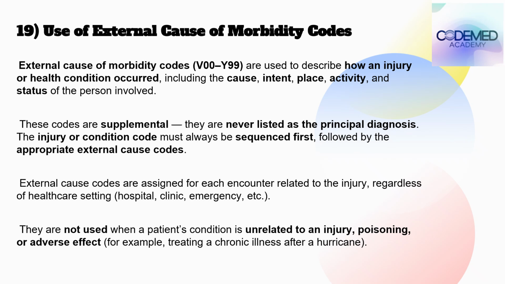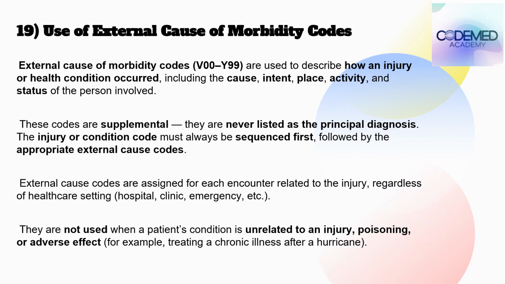Point number 19, use of external cause of morbidity codes. External cause of morbidity codes are used to describe how an injury or health condition occurred, including the cause, intent, place, activity, and status of the person. These codes are supplemental. They are never listed as the principal diagnosis.